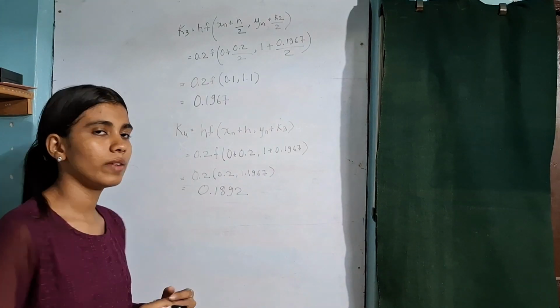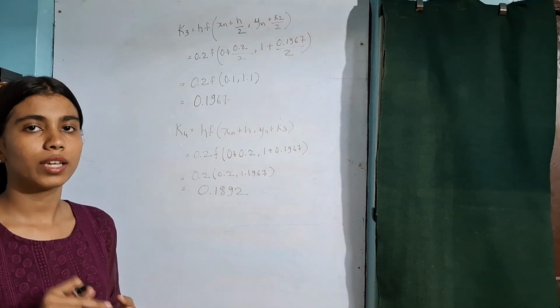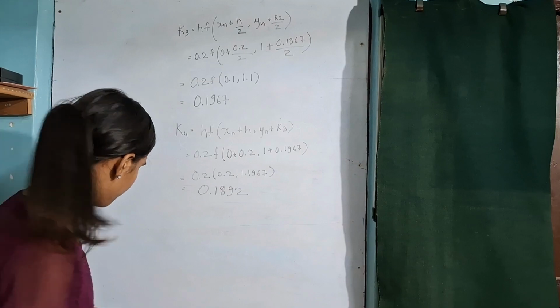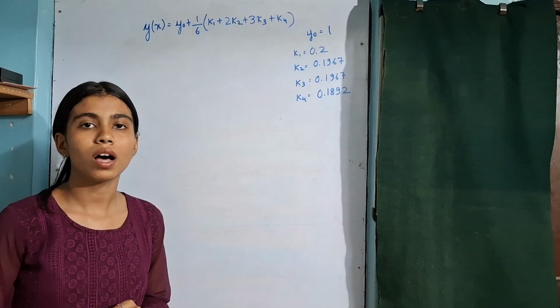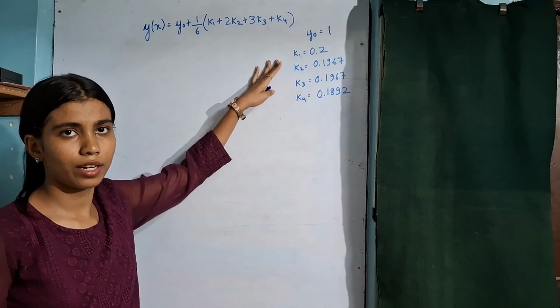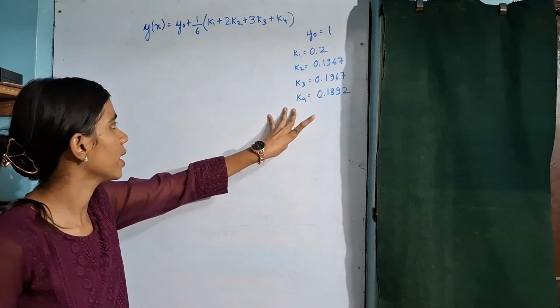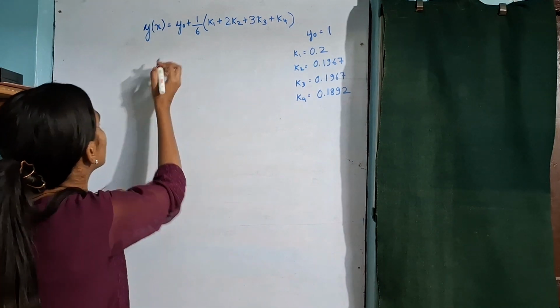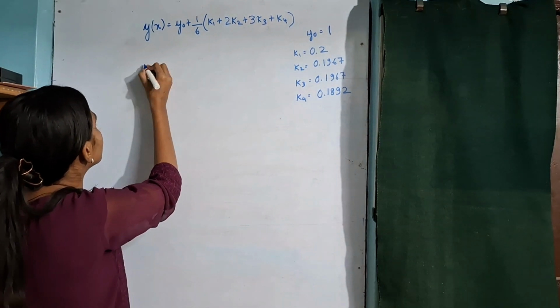So after you get all the values of K1, K2, K3, K4, what you have to do is substitute them into the main RK formula. After you calculate all those values, you can write it down. I have written it down here, K1, K2, K3 and K4, and this is the RK method formula. You are just going to substitute here.